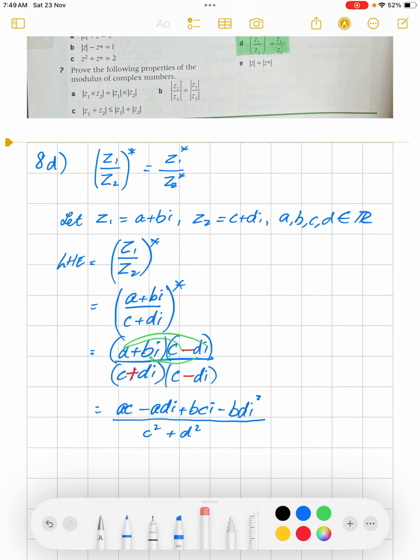I'll just show that this way. The modulus of C plus DI squared is, if you take a Z and multiply by its conjugate, you get the modulus of the original, or either of them really, and square it.